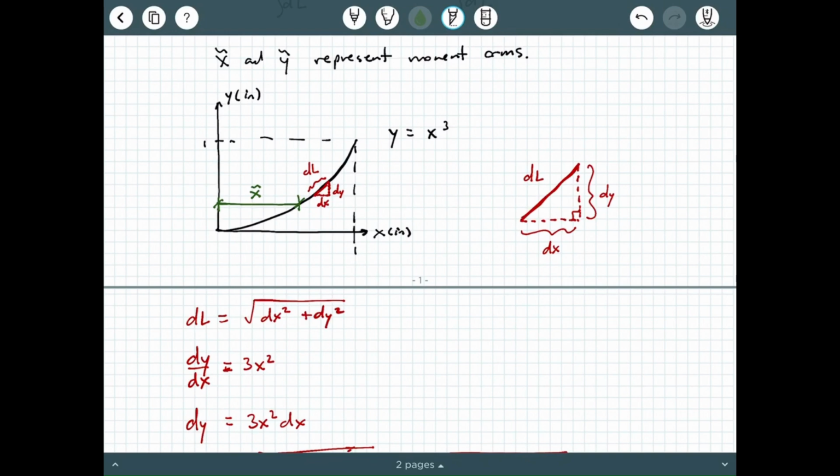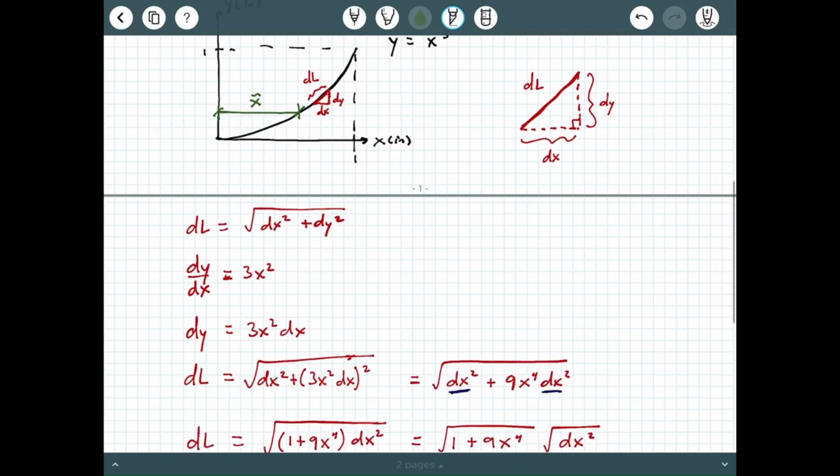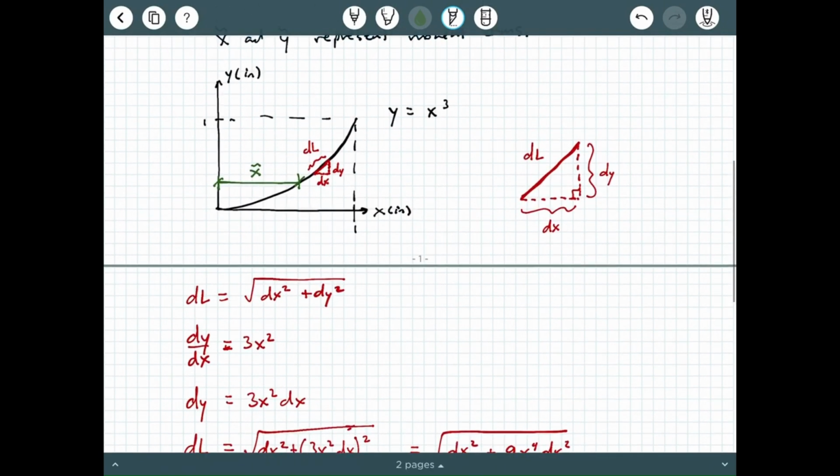X tilde is a symbolic representation of a moment arm from the y-axis to the curve. Think back to our mathematical formulation from a previous video. So in this particular case, when we're regarding x bar, what is x tilde going to be equal to? Well, it's simply the x coordinate itself that we're interested in to the curve. So we're going to say x tilde equals x here.